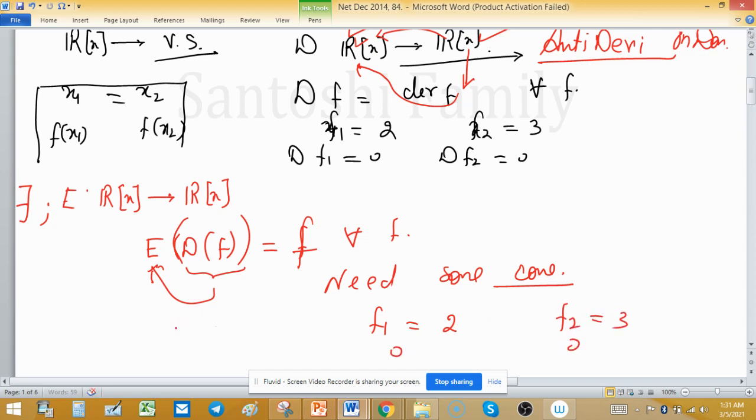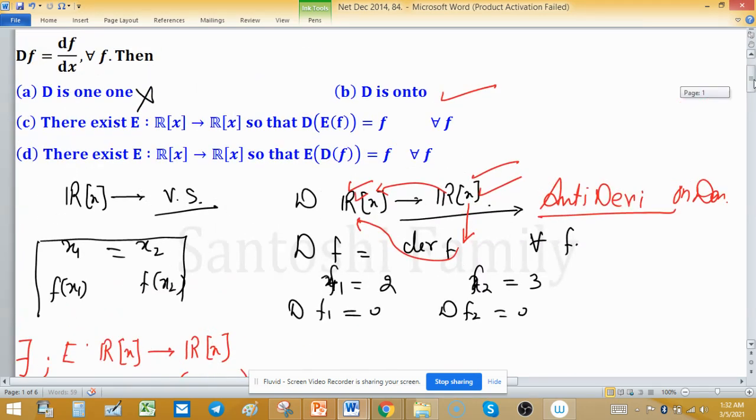Then E of 0, suppose E will send 0 to an antiderivative, any constant value, suppose this is c1, and E of 0 may be c2. So the existence of this E(D(f)) is not well defined.